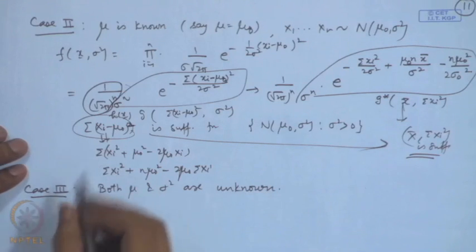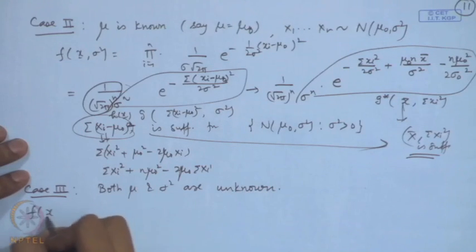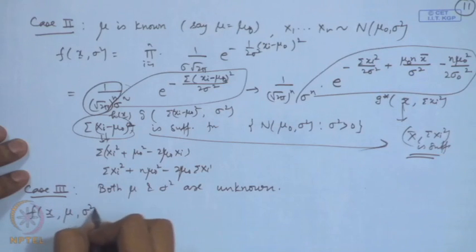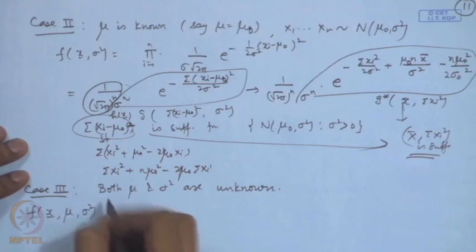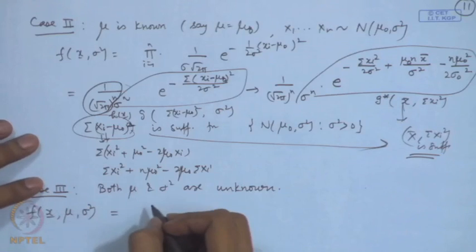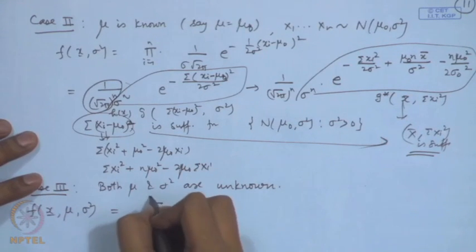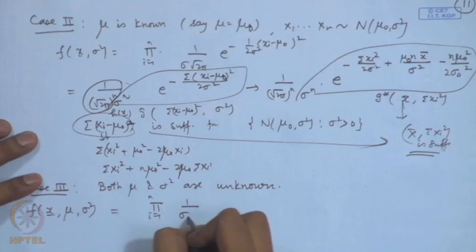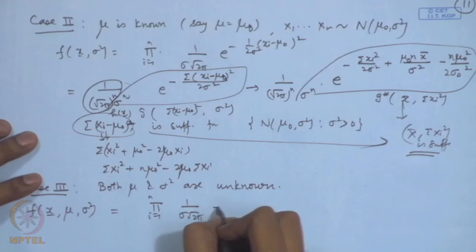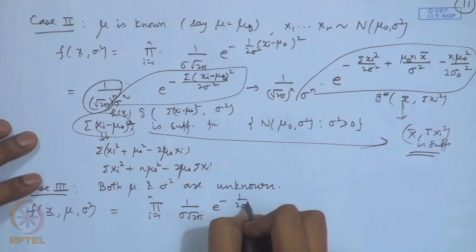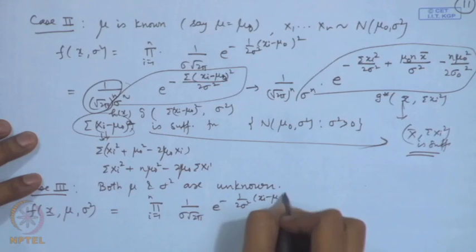Now, notice here, if both are unknown, then I have to consider the joint distribution by treating both mu and sigma square as the parameter. So, this is a 2 dimensional parameter case here, and the product of the individual distributions of x 1, x 2, x n is equal to the product of 1 by root 2 pi sigma e to the power minus 1 by 2 sigma square (x I minus mu) square.